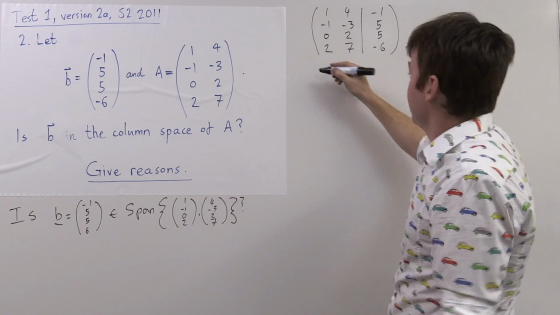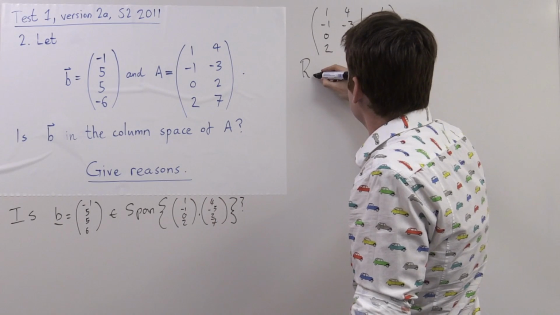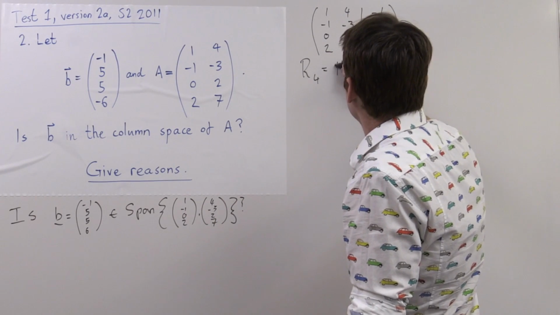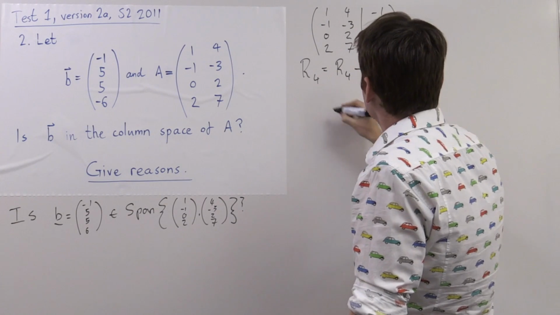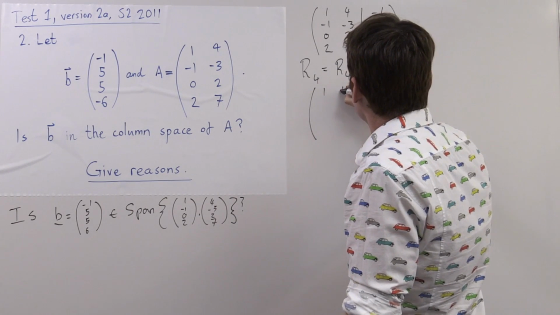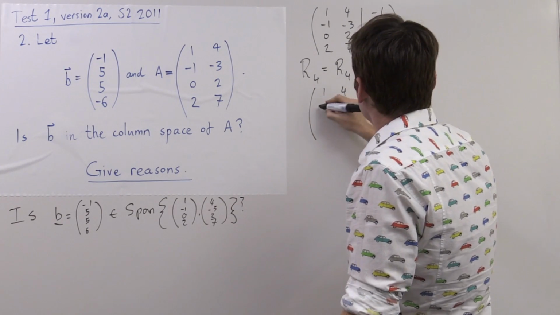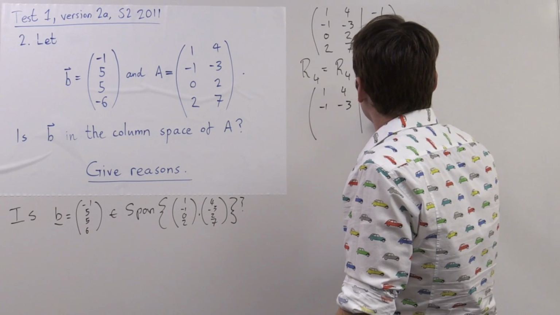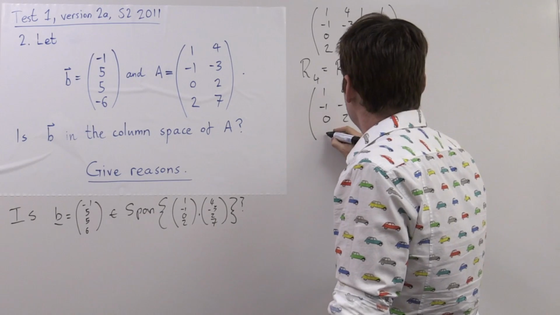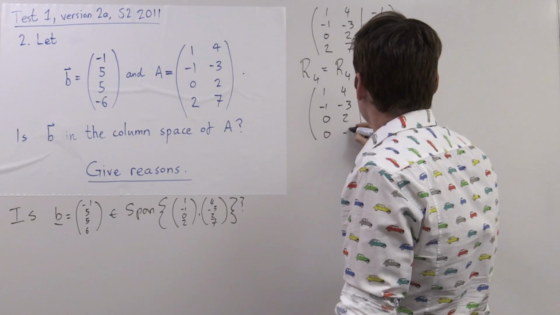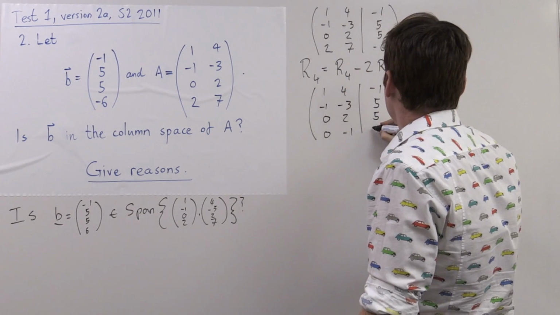And now I row reduce. So this should just be muscle memory at this stage. 0, 7 minus 8 is minus 1. Negative 6 plus 2 is minus 4.